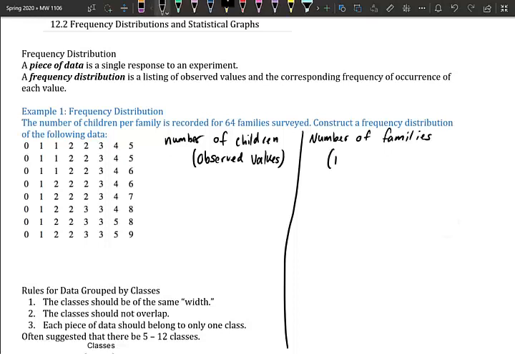And that's called our frequency. So we have number of children, because that's what we asked. Then we got the answer of how many of those families did we ask. So number of children, that's all of our numbers here. We have 0 through 9.